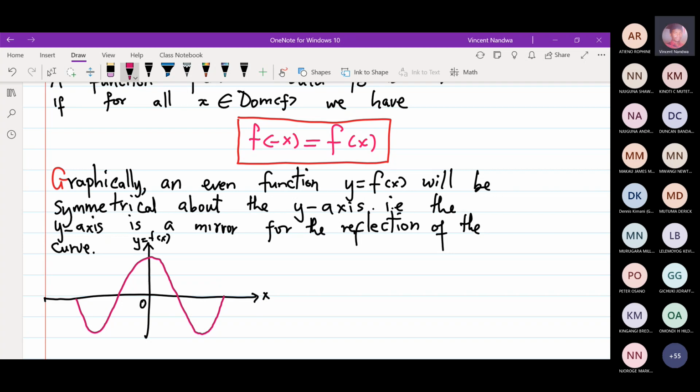And by the way, this is a curve of which function? Cos theta. Cosine, correct. So the cosine function is an example of an even function.